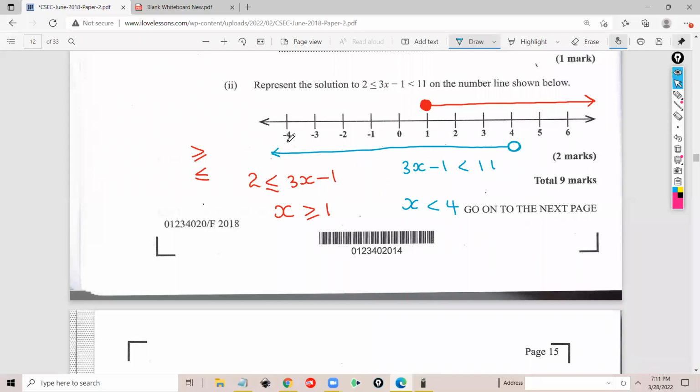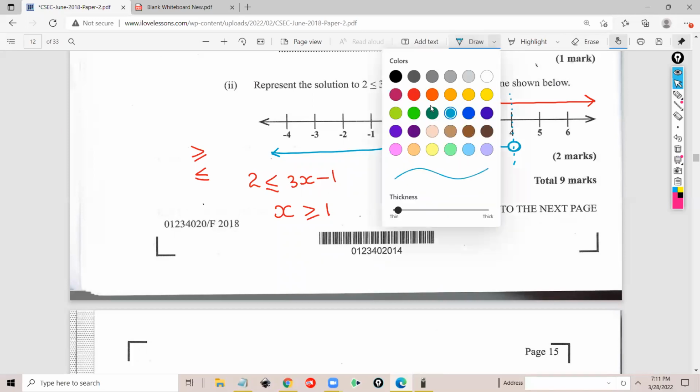But what we have to do, we have to combine both solutions in one. So what you want to do is ask yourself, where do these two inequalities overlap? They overlap between the 1 and the 4. So you only have to draw that piece. So when you're drawing that piece, then this is how you draw it for the examiner, right?